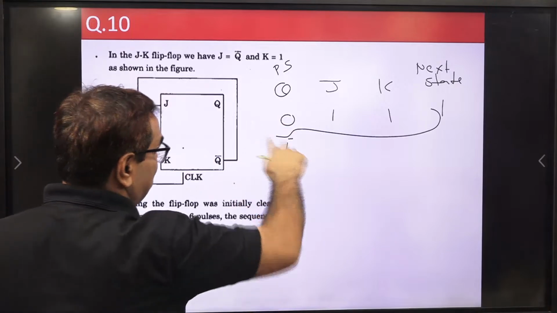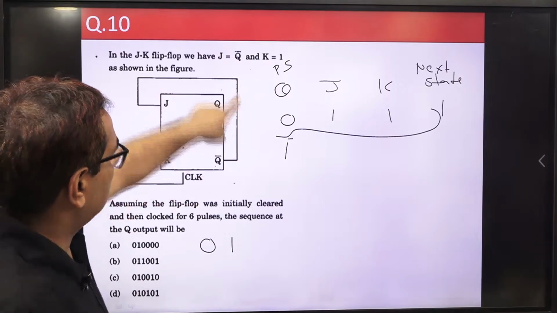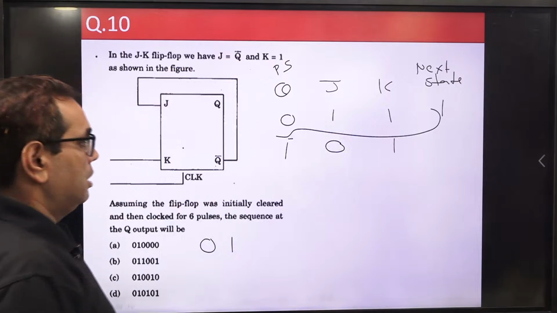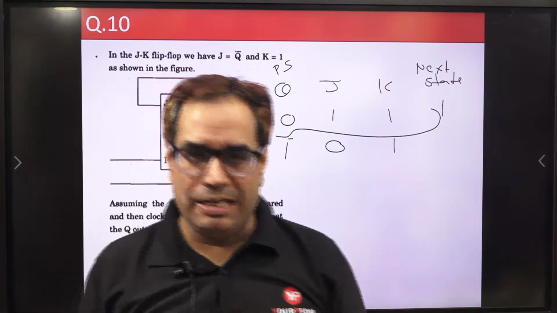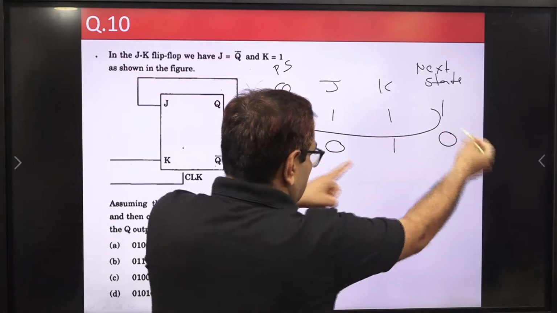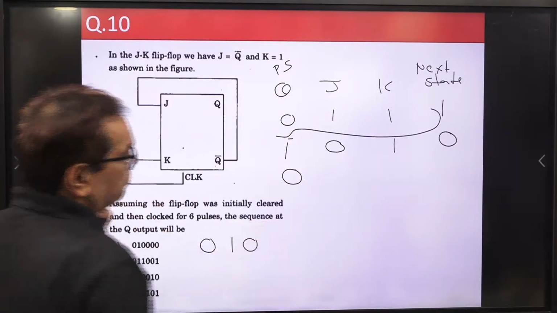After 0, where is it going? To 1. Now when Q is 1, Q bar is 0. So J is 0 and K is 1. Now in case of 0 1, the flip-flop resets. Reset means Q becomes 0. So the next state becomes 0, which is the present state now. So after 1 it is going to 0.